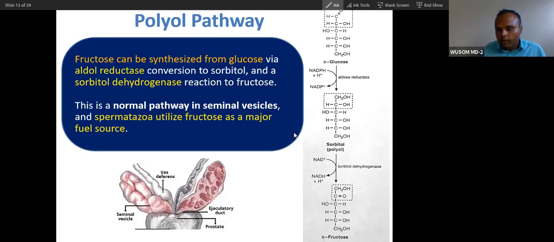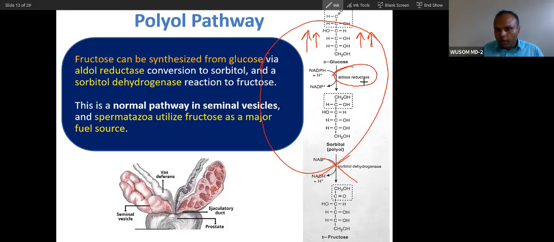This pathway is normally present in the seminal vesicle for fructose synthesis, but there are certain tissues where only the first enzyme is present. Then it becomes a problem. When a person has diabetes, there is high glucose. That high glucose will go into that tissue, and because of the action of aldose reductase, the flow will be in this direction.